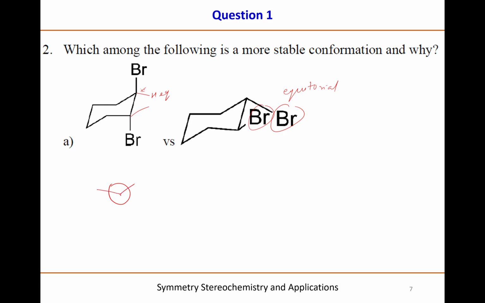So here we have bromine, H, and here methylene, like this group.